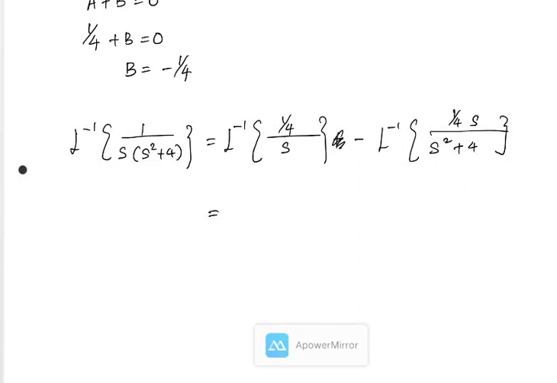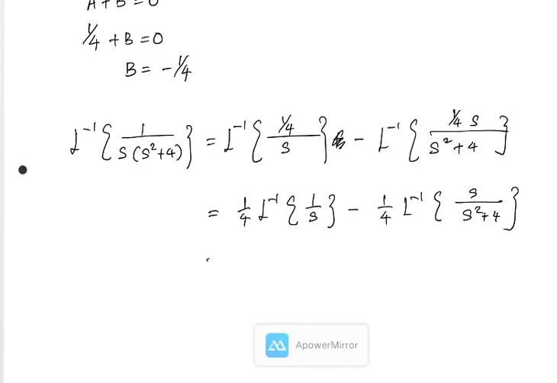Now I simplify. I take out the 1 over 4 because it's a constant. I am left with the inverse Laplace transform of 1 over s, minus the inverse Laplace transform of s over s squared plus 4. The inverse Laplace transform of 1 over s gives 1, so we remain with 1 over 4.